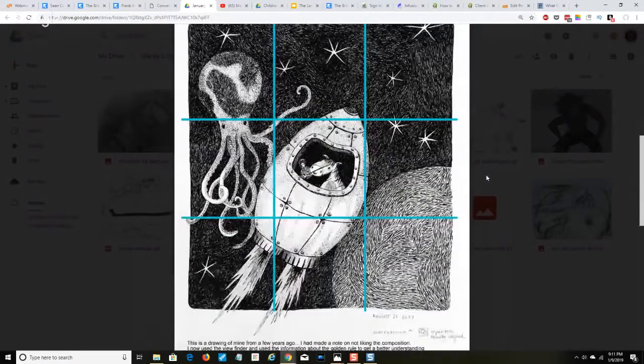If you had the characters in the spaceship seeming to not know about the squid, or just finding out about the octopus squid guy, then there's some tension, and you want to turn the page and see, will they find out what it is? Yes, that's right. Or if they're talking to each other in a very concerned way, the two spaceship occupants, that kind of cues us that they've gotten a glimpse of him through another window, and now they're consulting. What do we do? And that makes us want to turn the page. So it's a win-win.